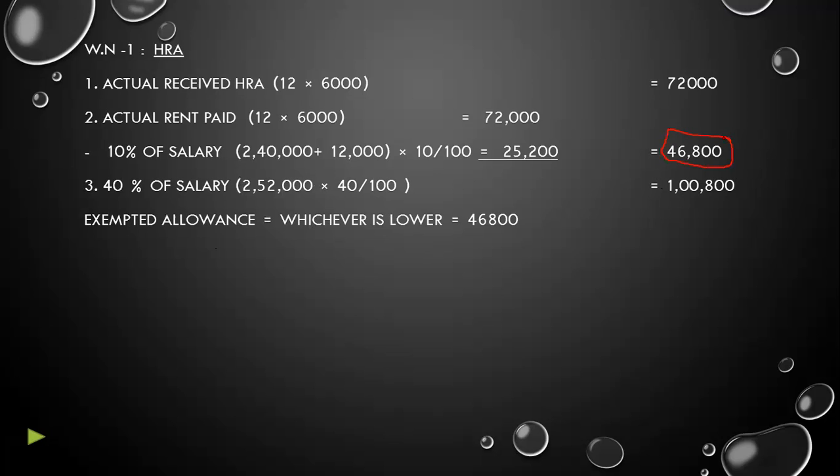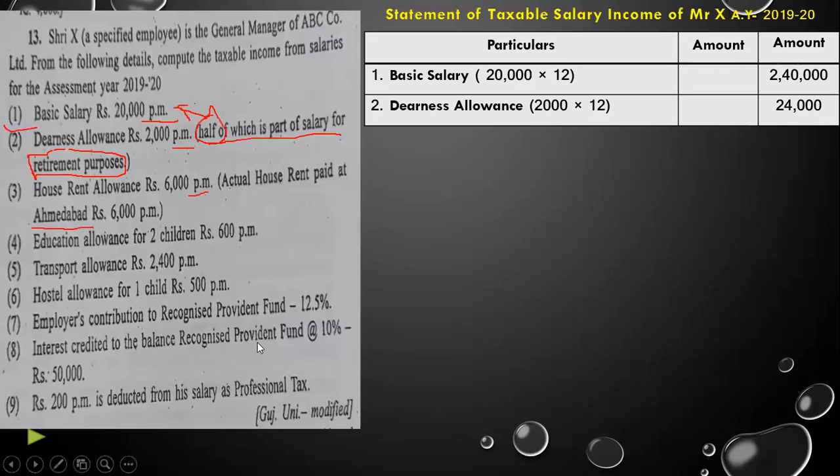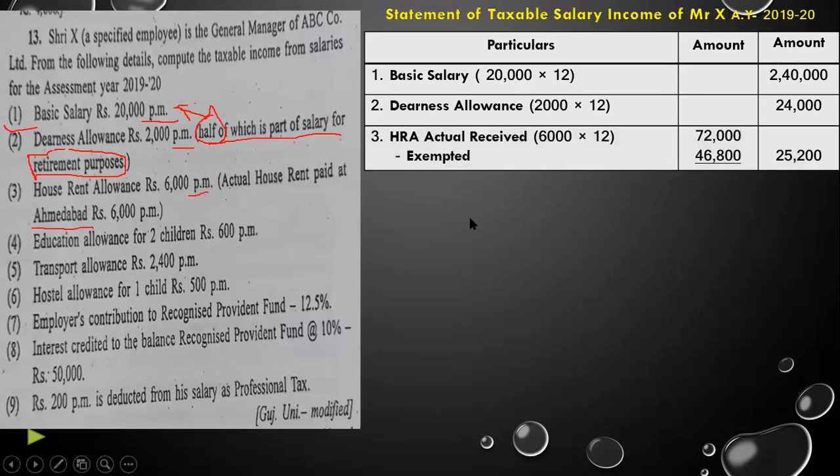So it will be calculated as 46,800. Now let's go back to the sum and write down HRA. Actual received 6,000 into 12, 72,000, minus exempted, which we have already calculated, 46,800. So we'll get 25,200.